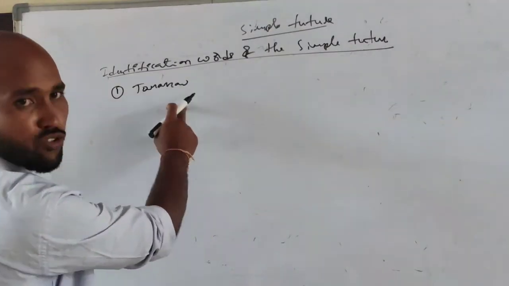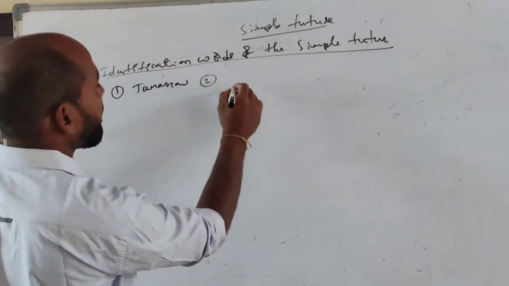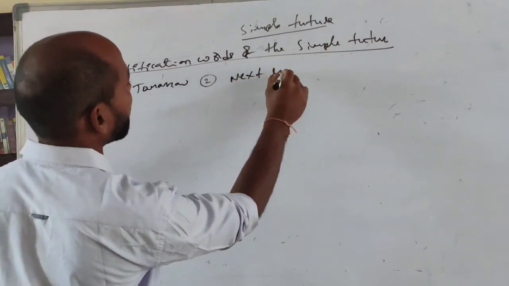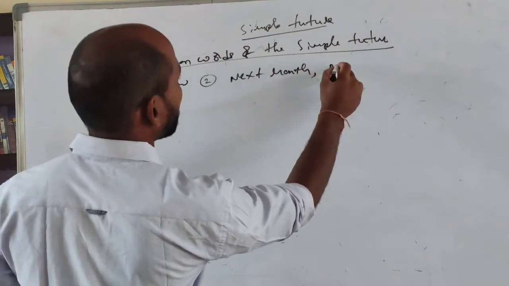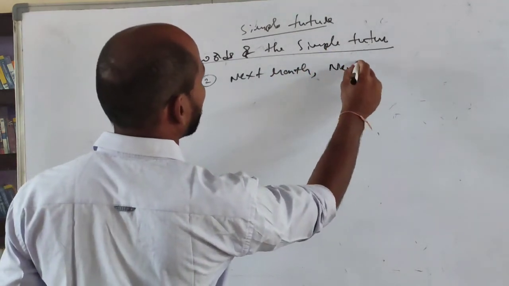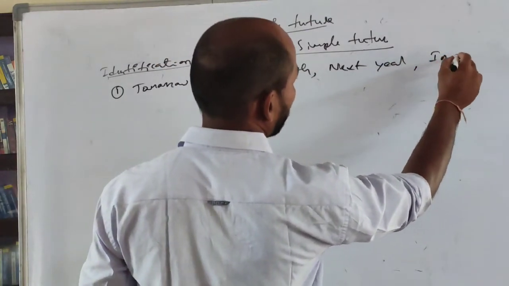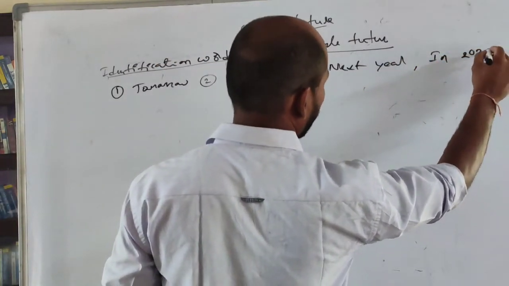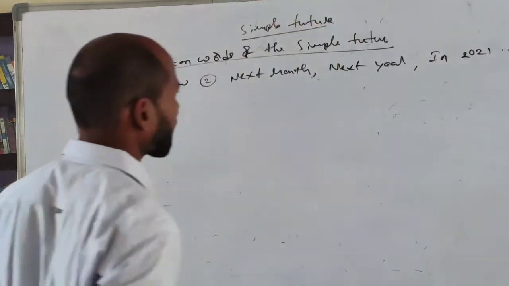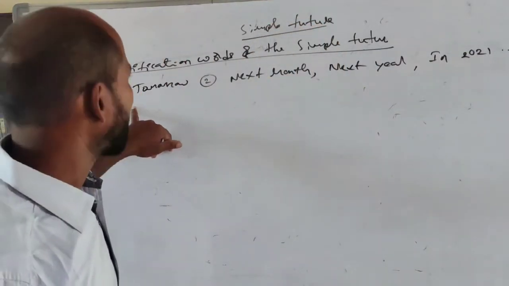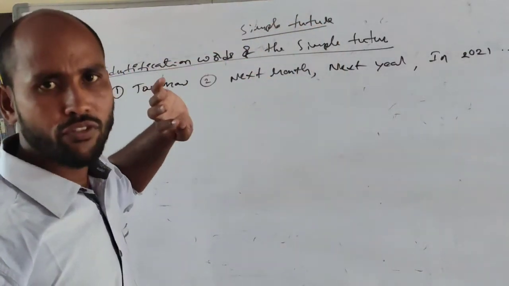First one is tomorrow. Next one is next month. Next year. Third one is in 2021, and so on. Those are the identification words of the simple future tense.